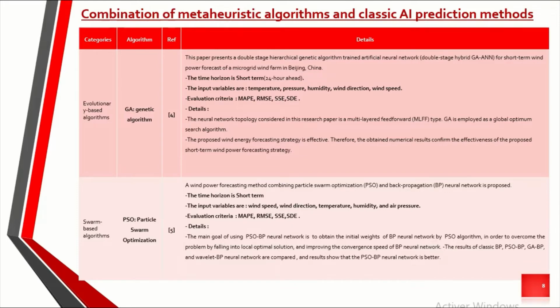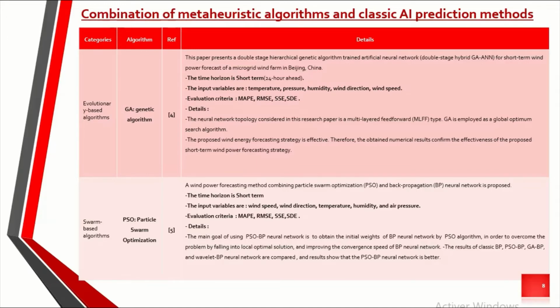The paper presents a double-stage hierarchical genetic algorithm trained artificial neural network for short-term wind power forecasts of a microgrid wind farm in China. The proposed wind energy forecasting strategy is effective. Therefore, the obtained numerical results confirm the effectiveness of the proposed strategy.